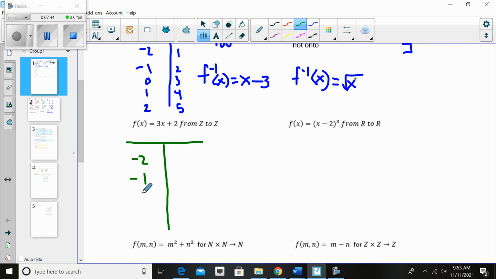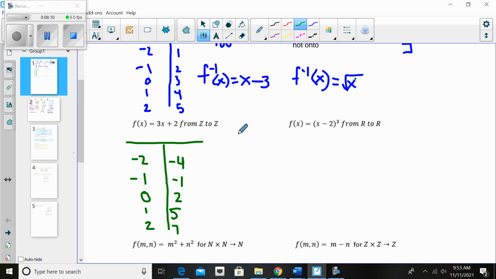Linear functions are always going to be onto, of course. And finding a table of values, what I should notice, though, is if I wanted to get an output of, say, 1, is this function onto the integers?